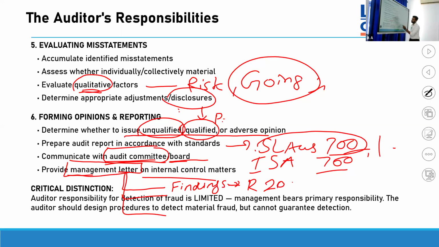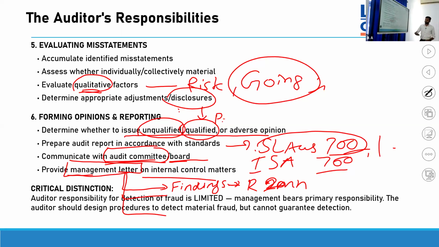Then we must write under the findings topic, the management has failed to record 2 million worth of invoices dated blah blah blah, right? So that thing we must include under findings.